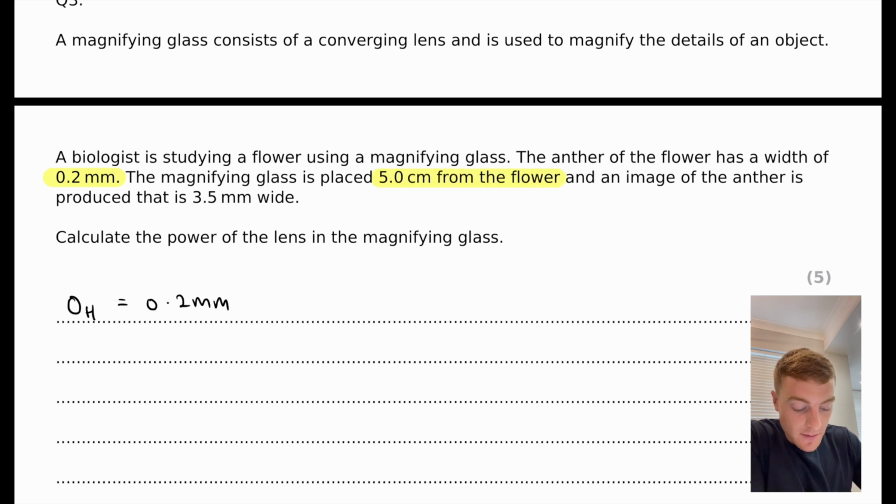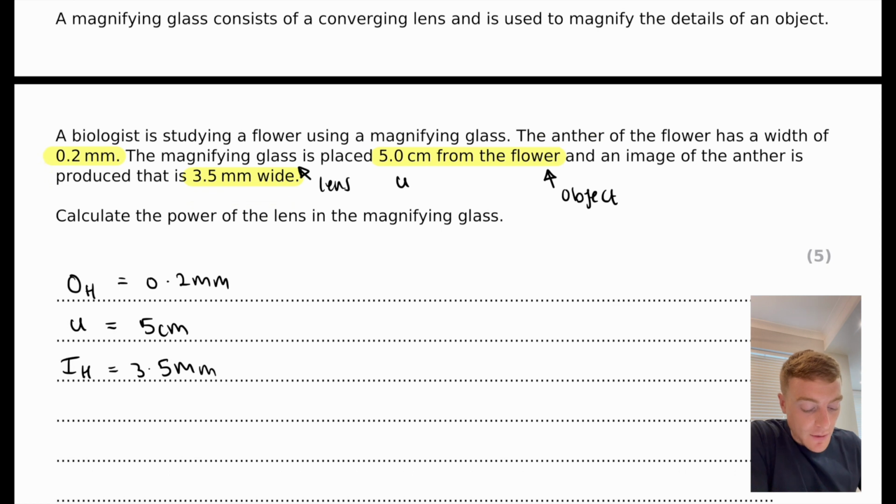So the flower being the object, the magnifying glass being the lens. Therefore, my object distance is going to be 5 centimeters. And an image of the anther is produced that is 3.5 millimeters wide. Again, so if an image is produced that's 3.5 millimeters wide, that must be my image height.